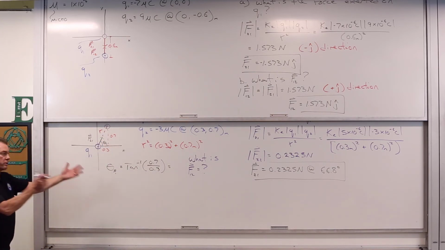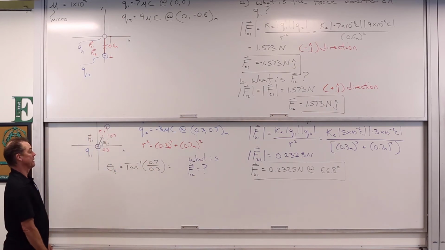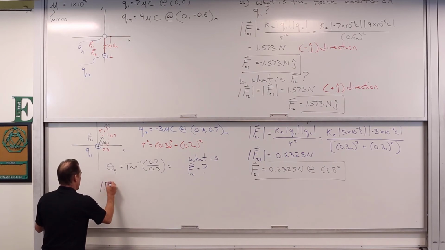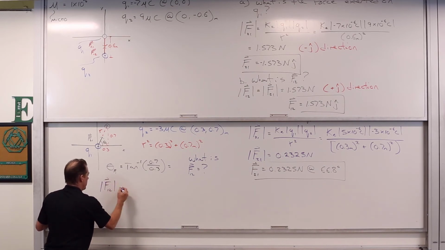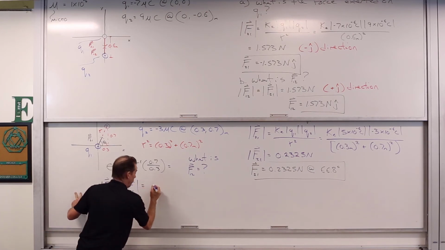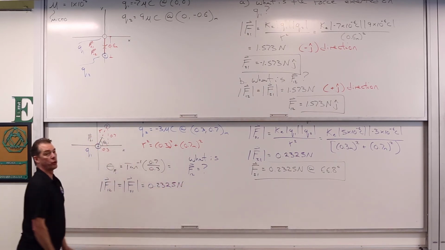Well, again, it's the same charges, the same distance of separation. The magnitude of the force has to be the same. So the magnitude of the force on charge number 2 is equal to the magnitude of the force on charge number 1, which is 0.2325 newtons. It's just a matter of the direction.